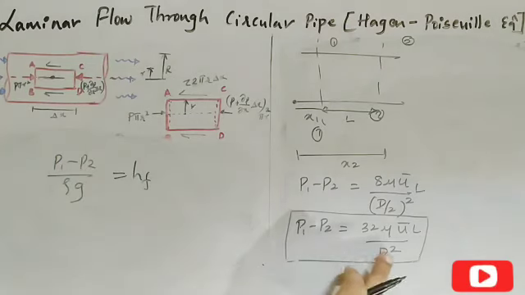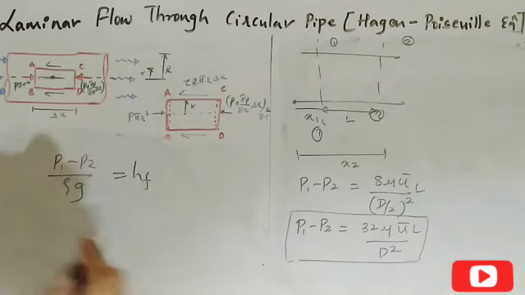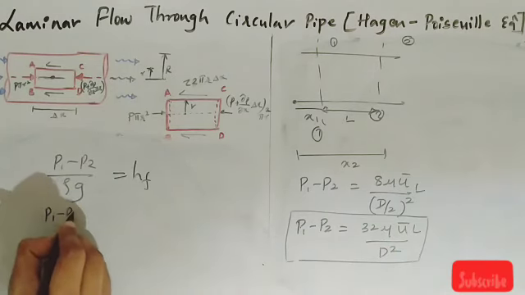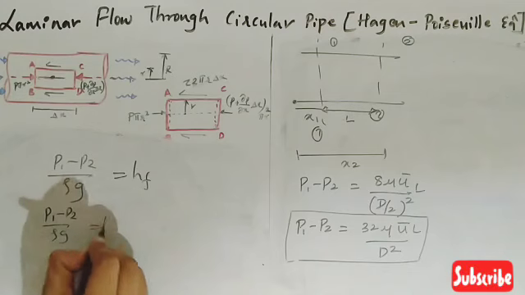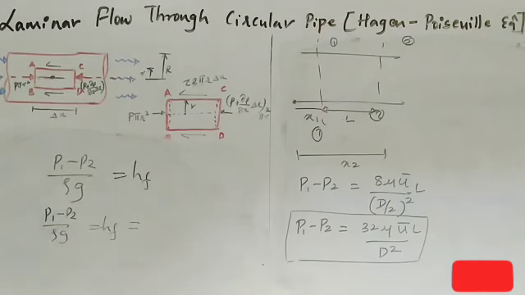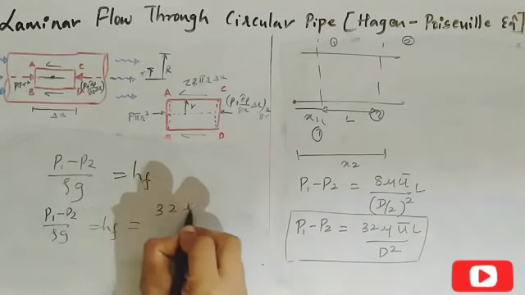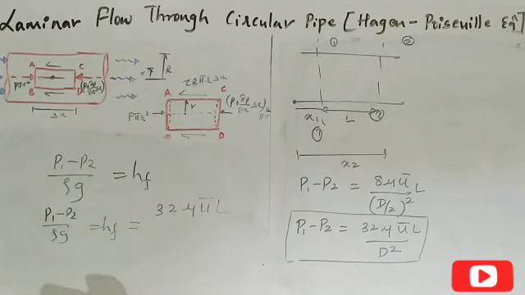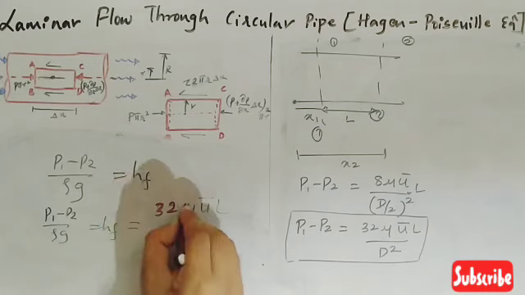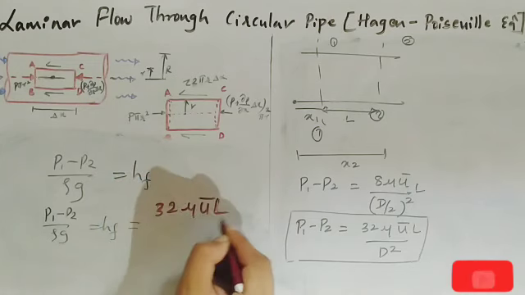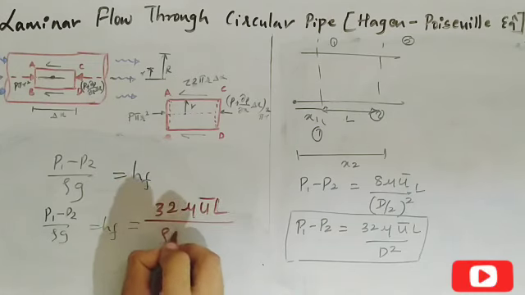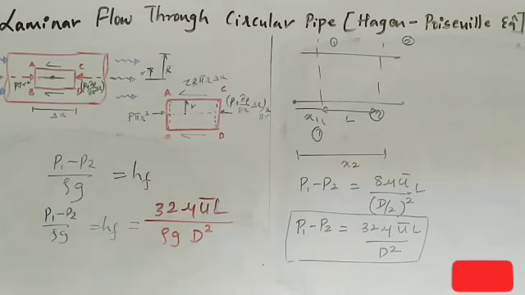Now if I divide this term by rho g, then I will get (P1 minus P2) divided by rho g, which will be equal to HF, equal to 32 mu u bar L divided by rho g d square.